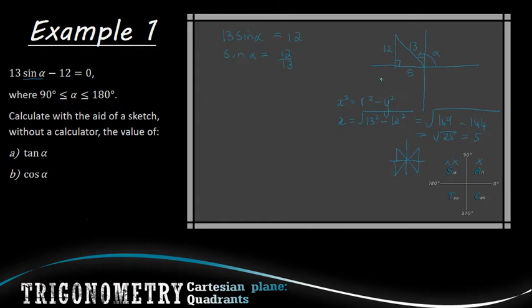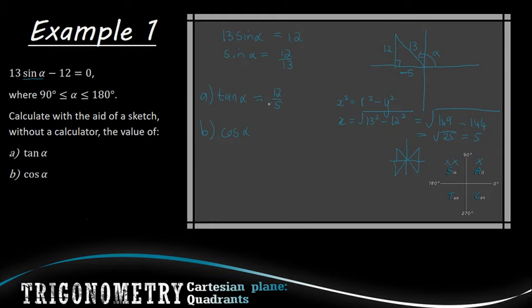And with this triangle, we can now solve for any problem. For A, I'm asked to find tan alpha. Tan I know as opposite over adjacent, so that's just going to be 12 over 5. And for cos alpha, this is then going to be a negative 5, because if I go to this side on the x-axis, I have positive values.